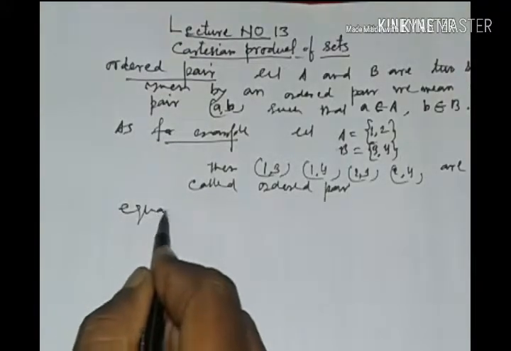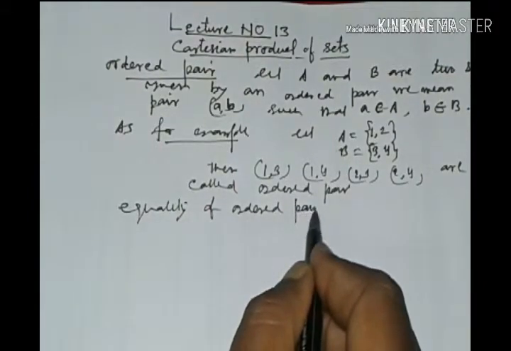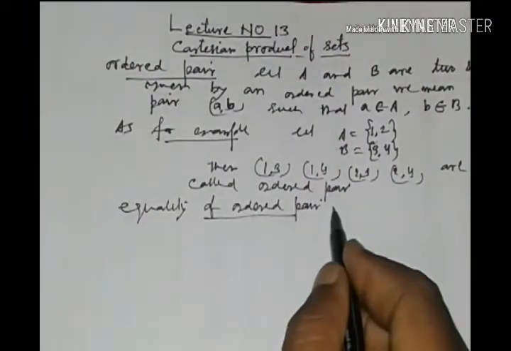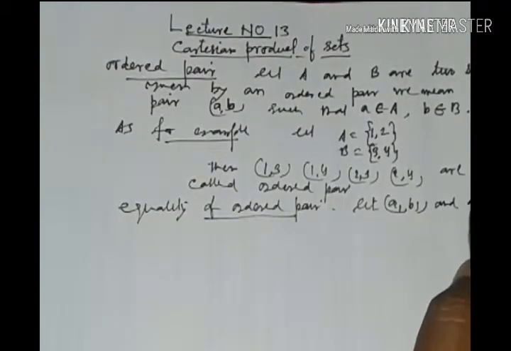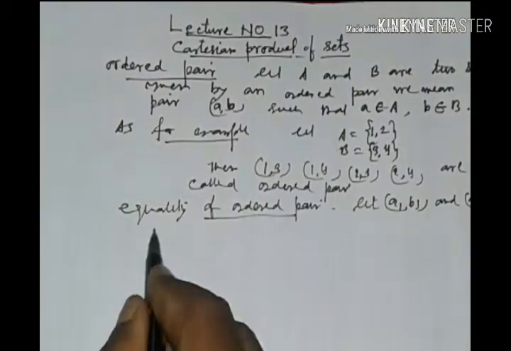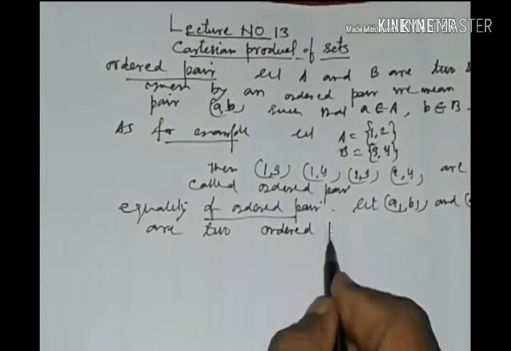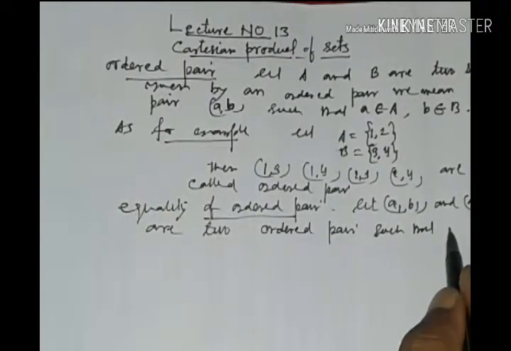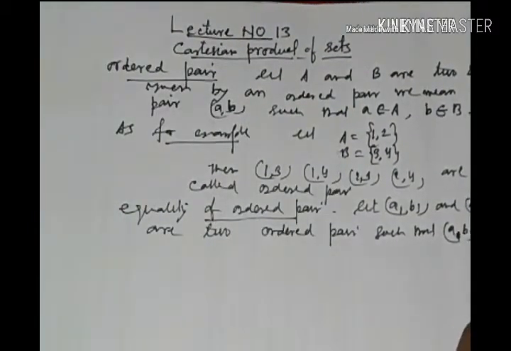Equality of ordered pairs. Let (a1, b1) and (a2, b2) be two ordered pairs such that (a1, b1) is equal to (a2, b2).